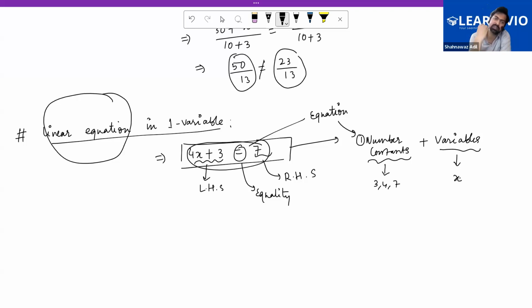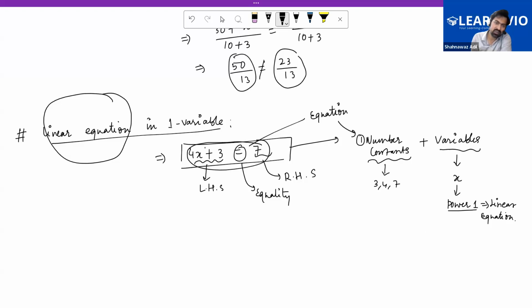So it has a power of 1. Whenever the variable has a power 1, it will be called a linear equation, right?